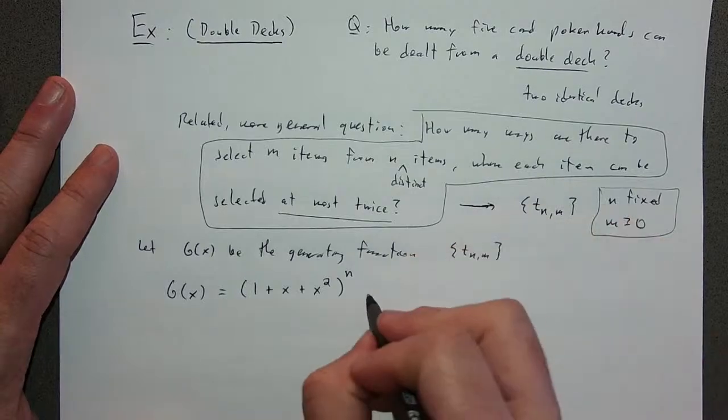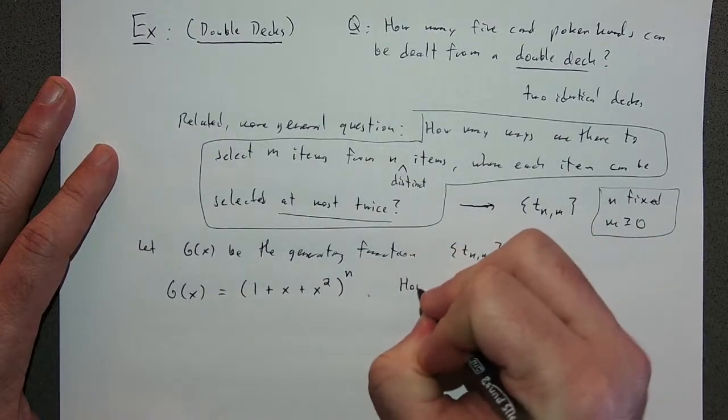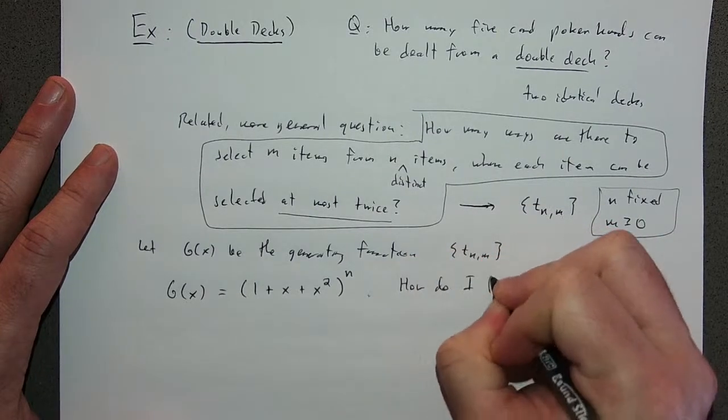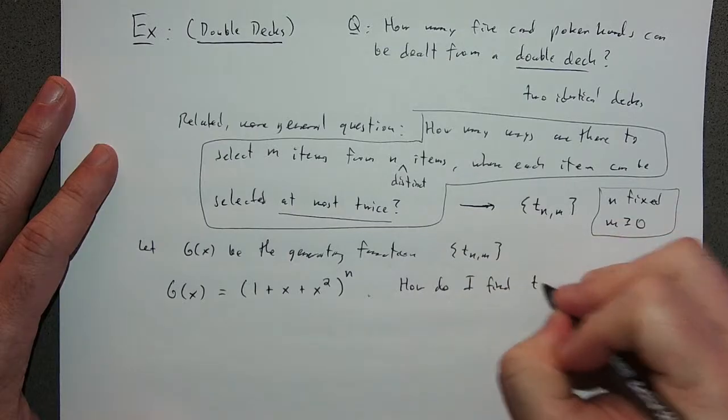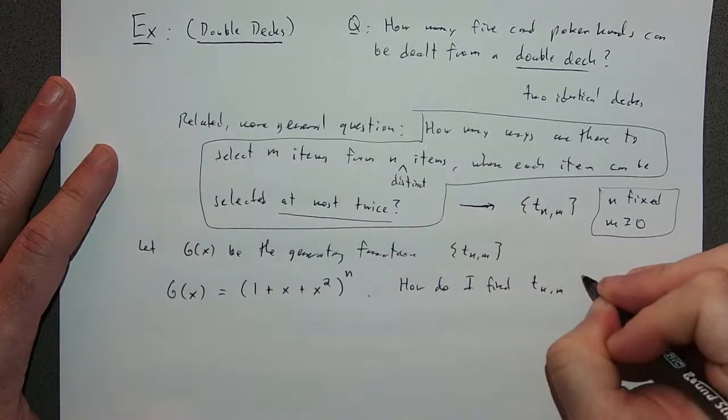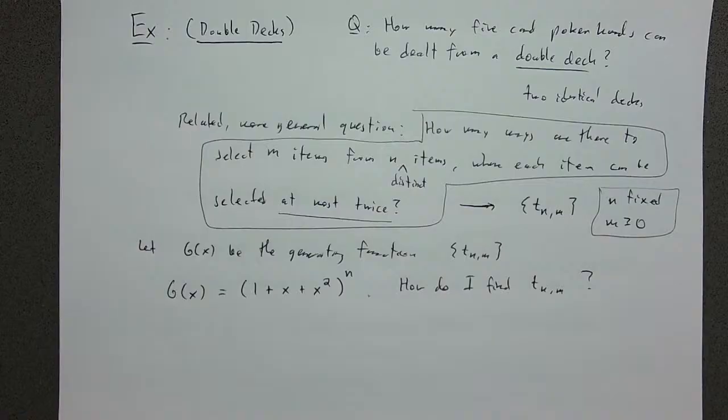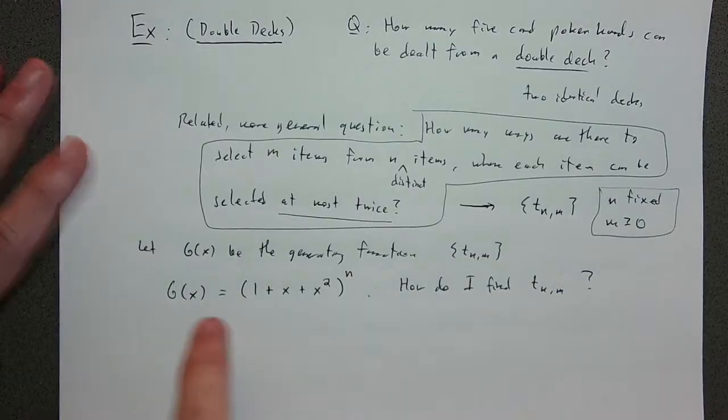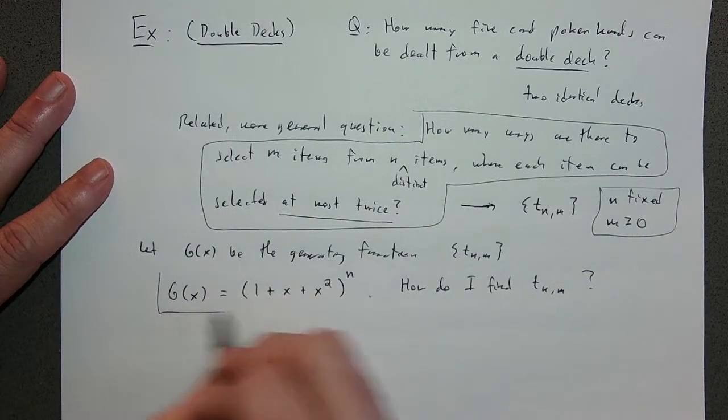So, how do I find a value of this sequence? Well, I have the generating function for it.